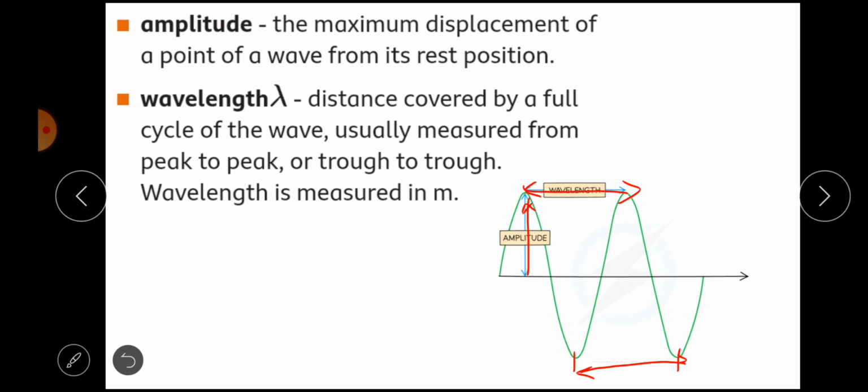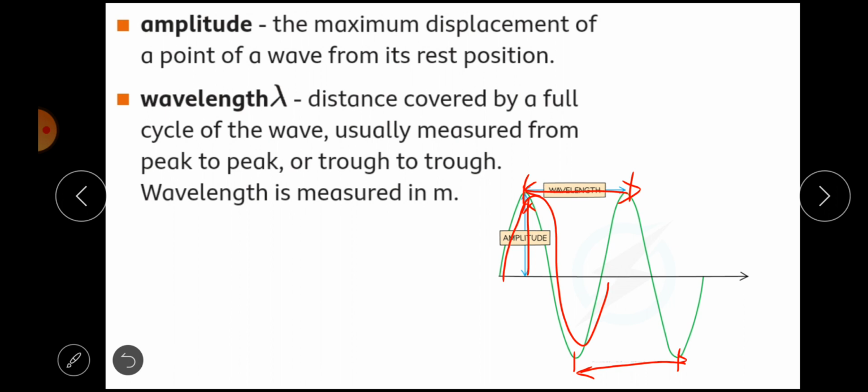When using the peaks, make sure you draw it between two peaks, not just anywhere here. So this is not the wavelength. This one is very incorrect. We can also draw the wavelength from where the wave starts, because one wave moves from here, so this is a complete cycle.